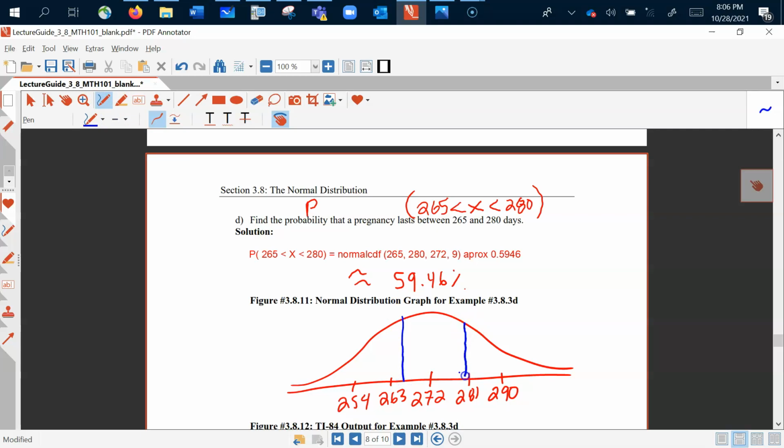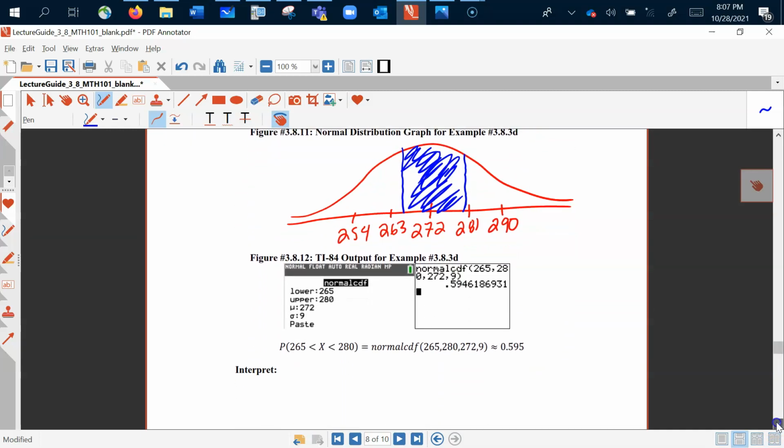So we're right about there, and so we're shading in that particular area. So that's going to represent approximately 59.46% of the area there. So as you can tell, I must have drawn a really bad normal distribution curve, again doing this by hand, because that blue shaded region doesn't look like 59.46%, but again, you can blame my bad art.